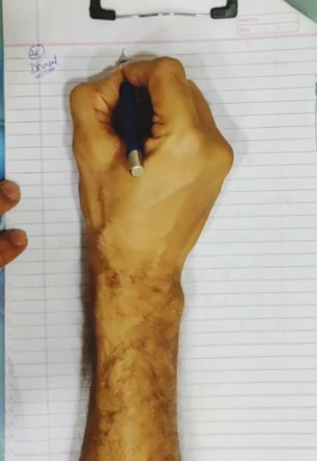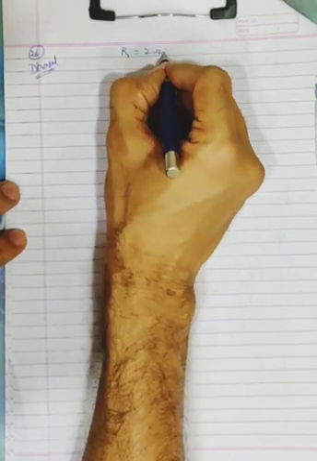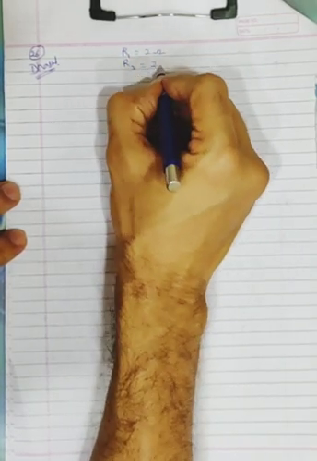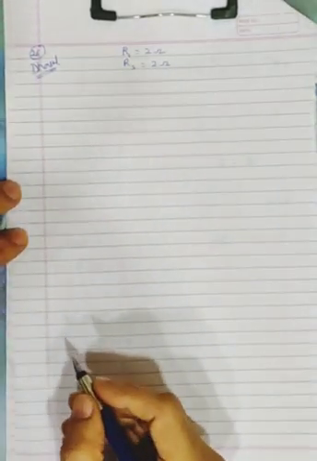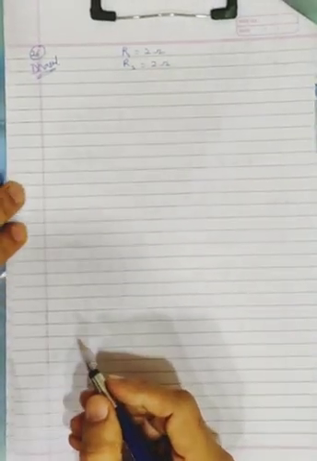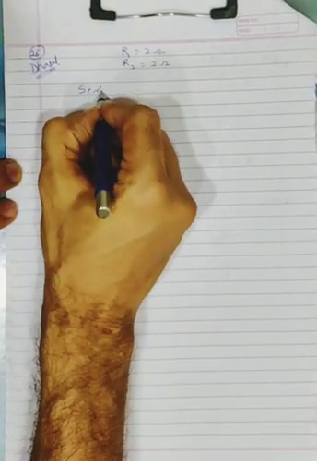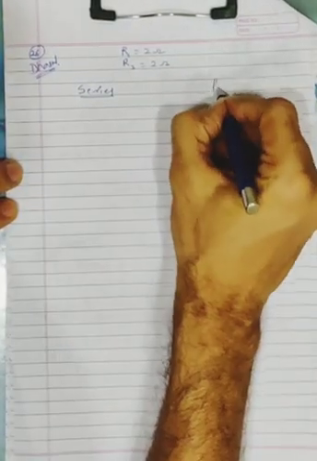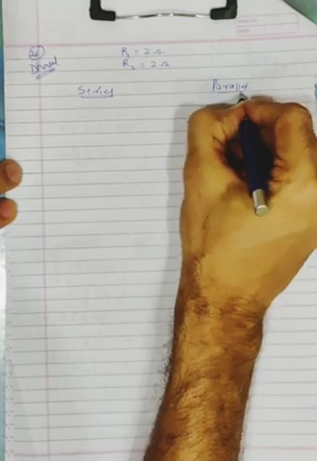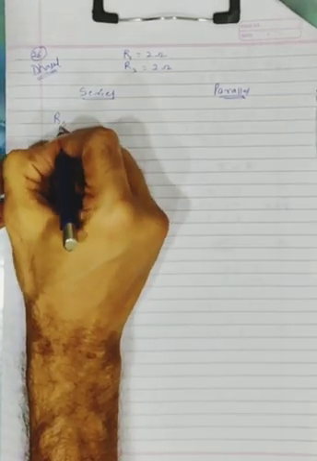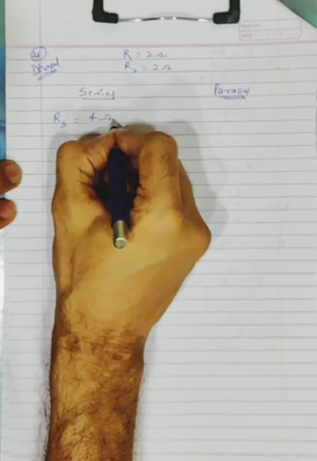Okay, so look, first we have got two resistors. R1 is equal to 2 ohm, R2 is equal to 2 ohm, and it says that when you put them in series, another option is what? You put them in parallel. So first, when you put them in series, your total resistance will come how much? 4 ohm.